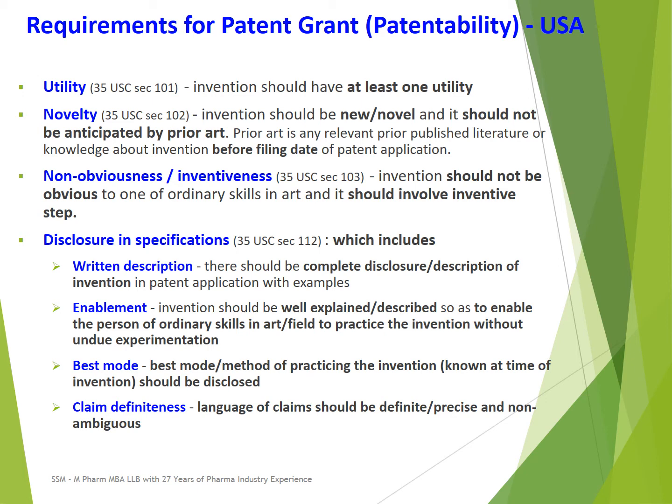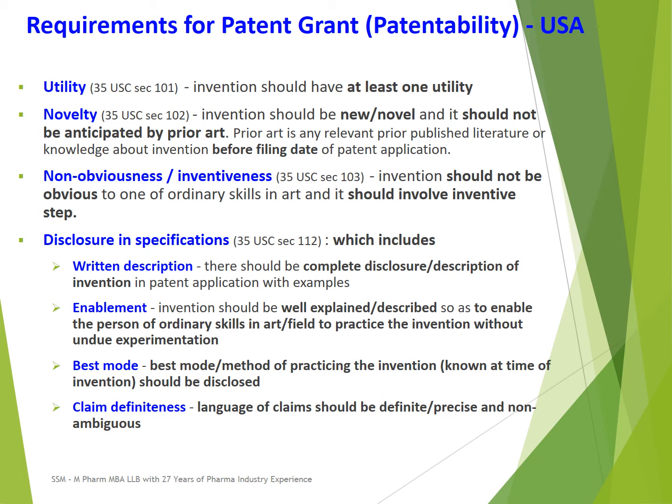So, under disclosure in specification requirement, there are four further requirements. First is written description. There should be complete disclosure of invention in patent application with example. You cannot hide anything. You have to disclose everything about your invention in written description.